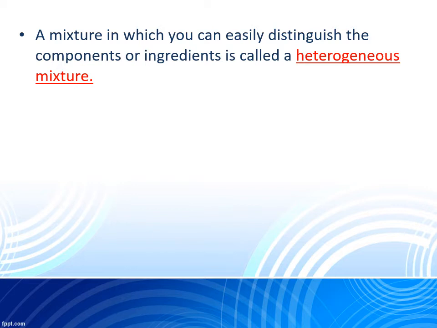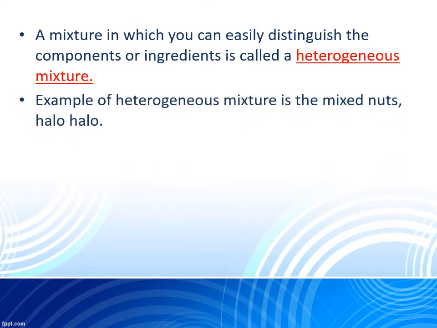From the word itself, hetero means many, so that will give you a clue on its appearance. There are still many. You can still easily see or identify the ingredients or the components within the mixture. That is why it is called a heterogeneous mixture.